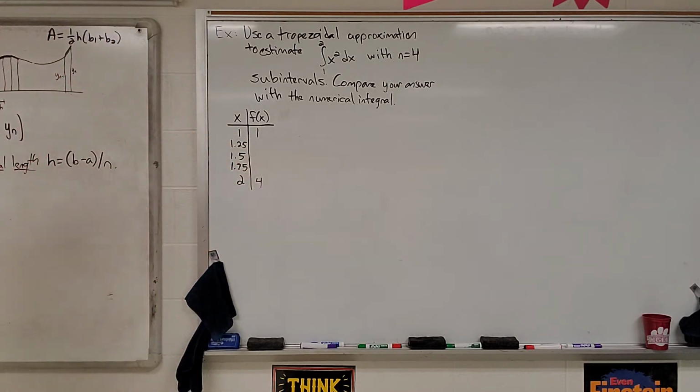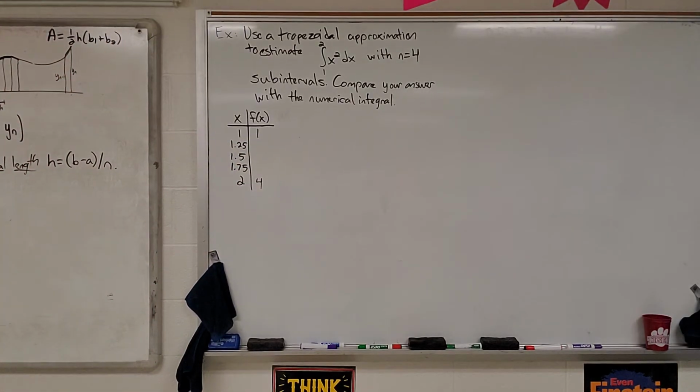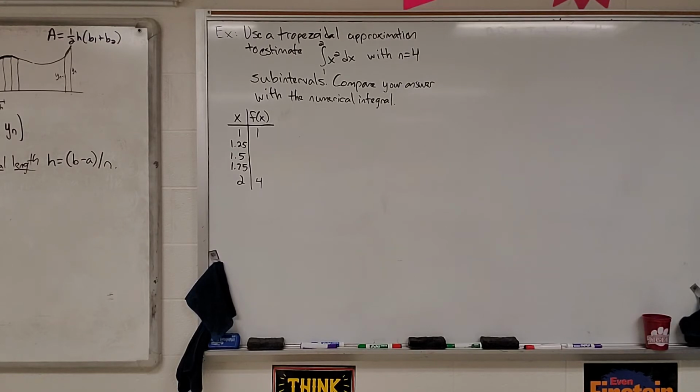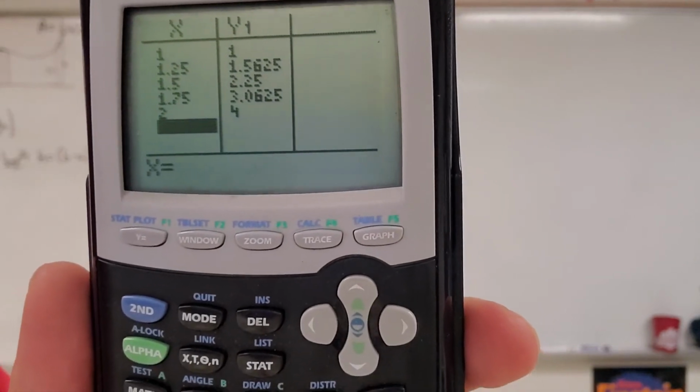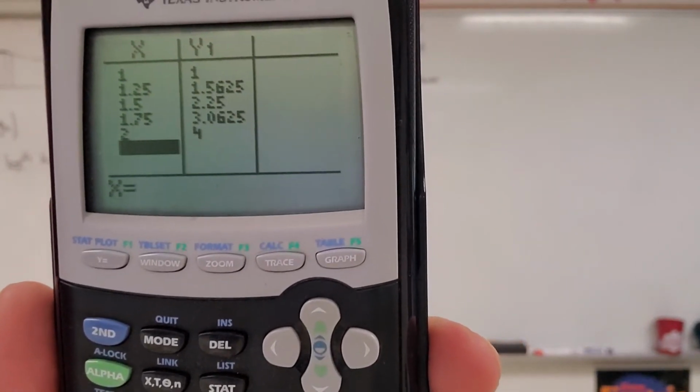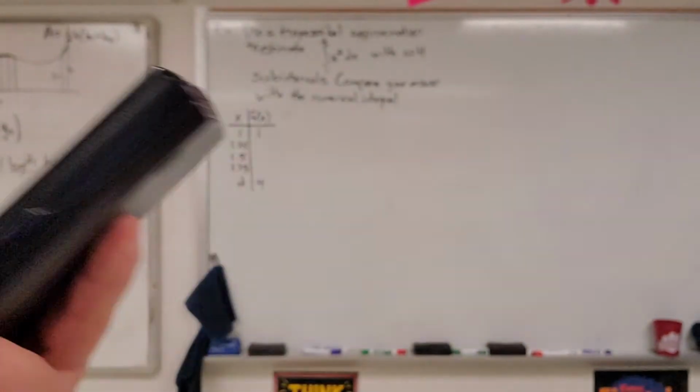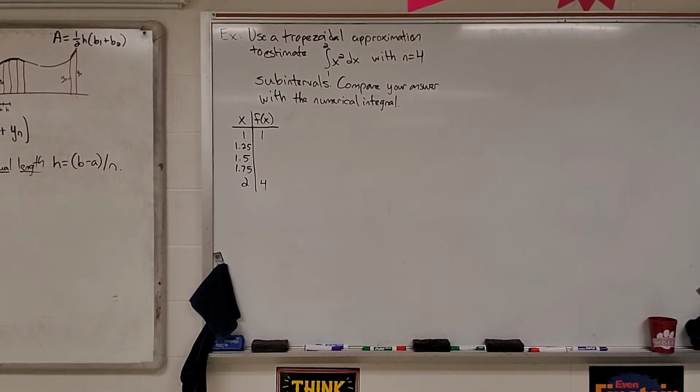So we need the values in between. You can type your x squared function in y equals on the calculator, go to your table, and input those values: 1, 1.25, 1.5, 1.75, and 2. Make sure I have those correct.